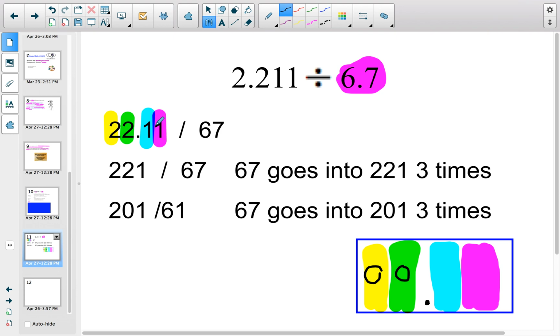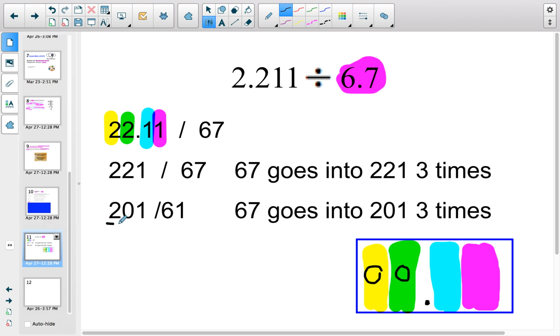Yes. And if you were to guesstimate that, let's round that down to 60. 60 times 3 would give me 180, and 180 is really close. So it goes in 3 times with a remainder of, if we do 67 times 3, we would get 201. So we'll have a remainder of 20.